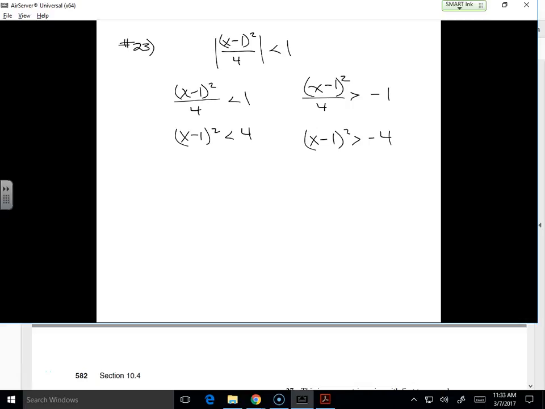This is always true, right? So that doesn't really limit anything. Over here on the left, when we take the square root, wouldn't we have the plus or minus square root? So the positive square root would be 2. The negative square root.